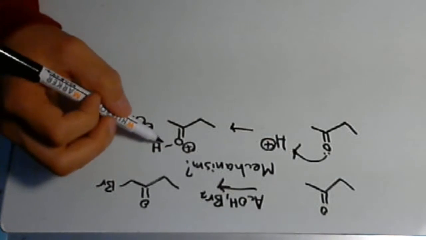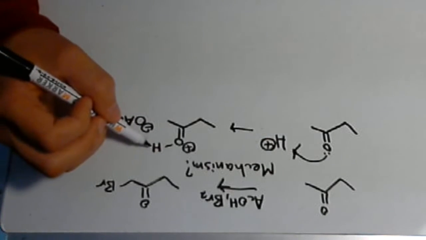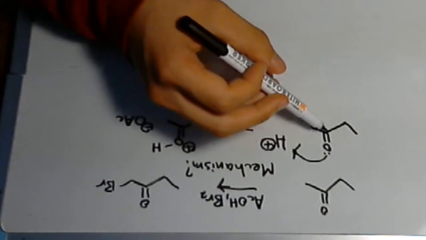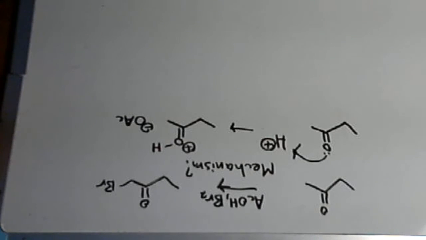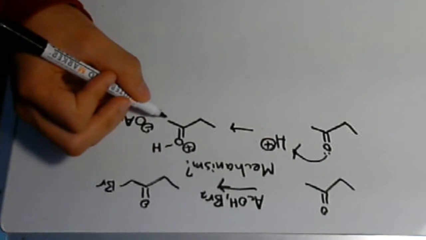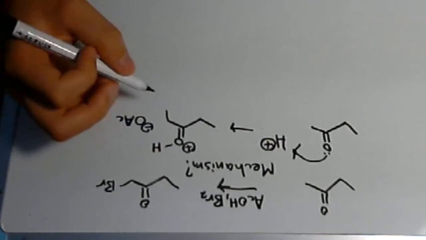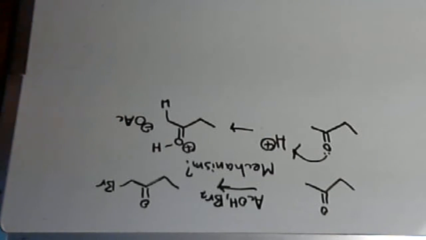So we know it's going to act as a base. Well, if we take this proton off, that's just going to go backwards. That's not going to progress us forward. So the next thing we want to ask ourselves is, what's the next most acidic proton? And the next most acidic protons are the alpha protons.